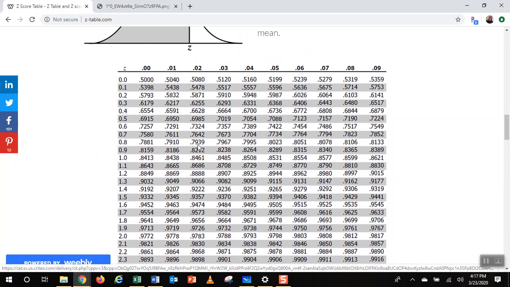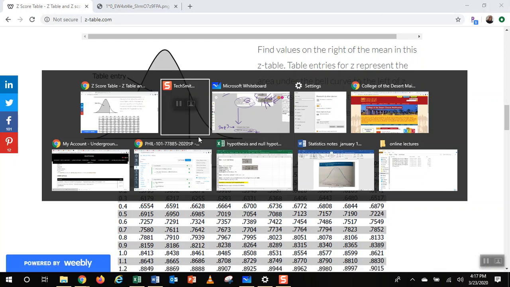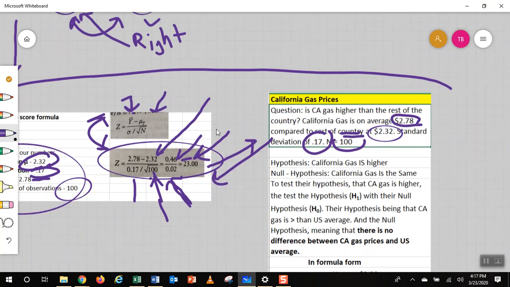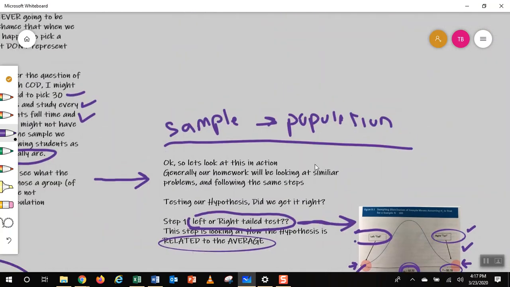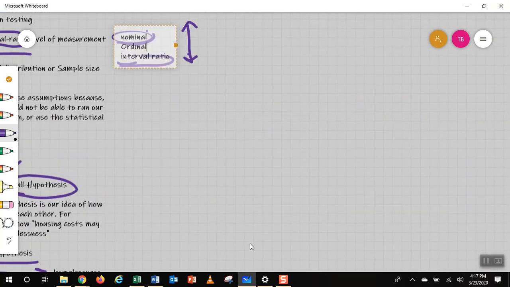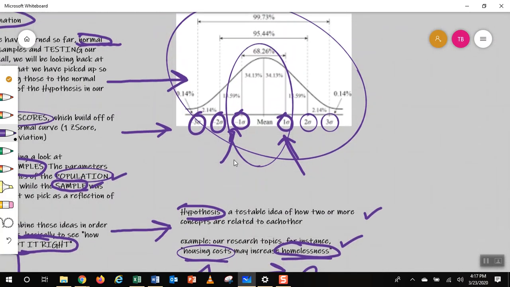And just as a reference again, I'll come back to this in just a second. Like the normal curve, if you recall, normal curves usually only go up to 3 or 4 standard deviations.